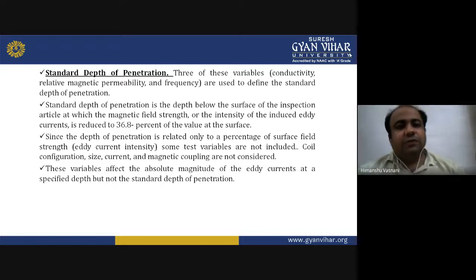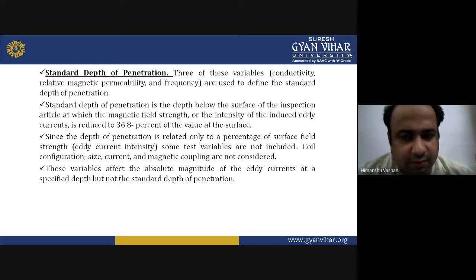Since the depth of penetration is related only to a percentage of the surface eddy current intensity, some test variables are not included, like coil configuration, size, current, and magnetic coupling.